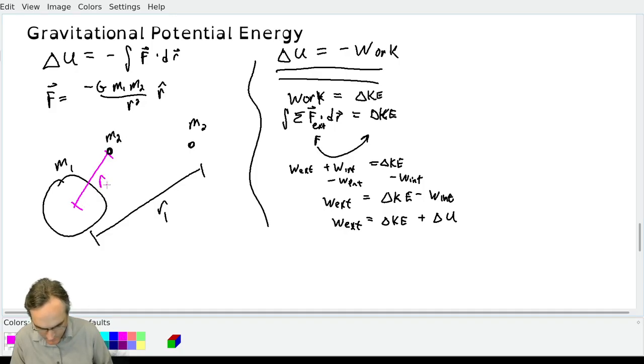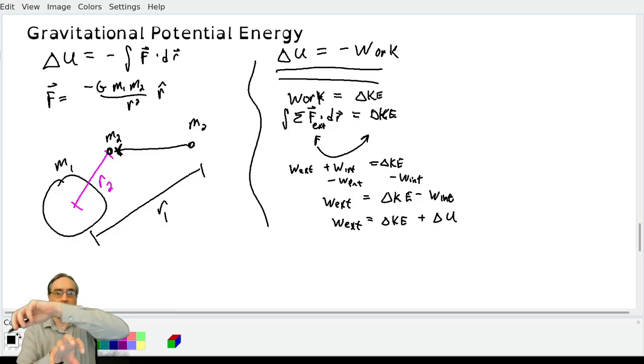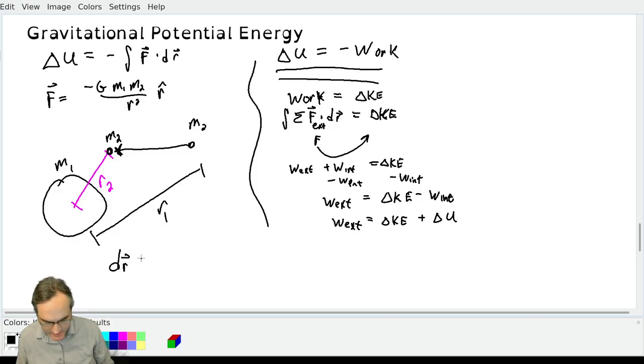Then we're going to move it until it's at some r2. Now the interesting thing I want to point out is that, while there is a displacement happening here, the only part of the displacement that's actually going to matter is the part that's along the radial line. Going around the object doesn't matter at all, which means our displacement dr as a vector is just going to be some dr in the r hat direction exclusively.